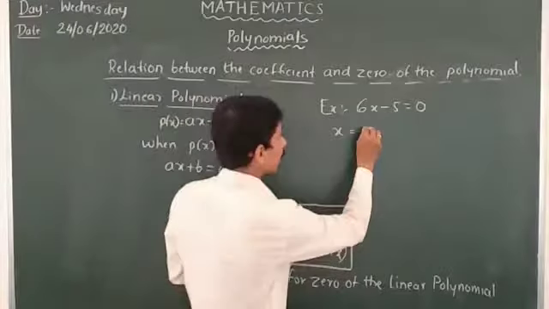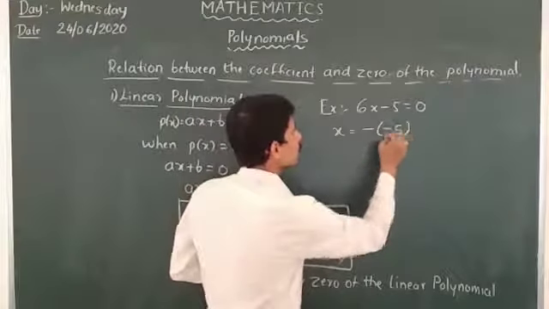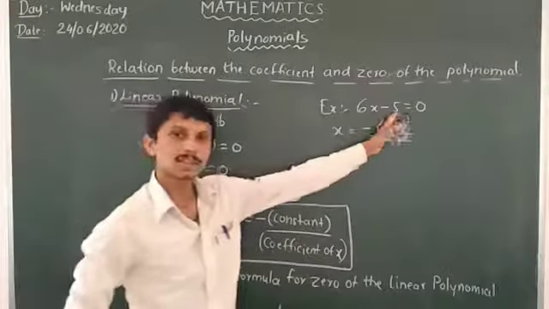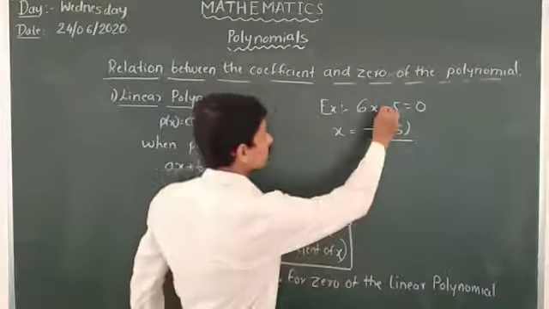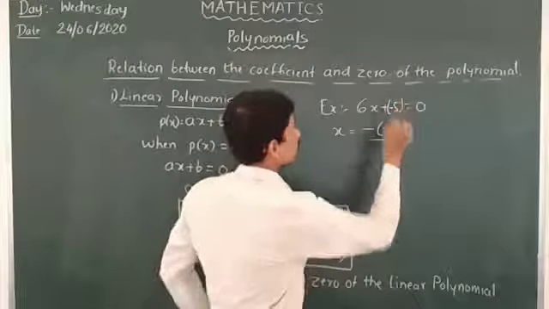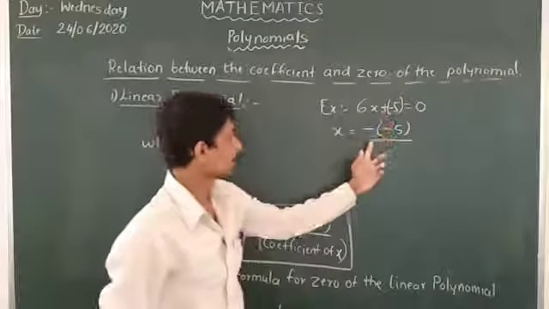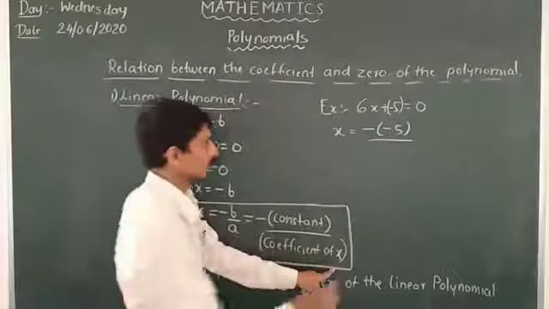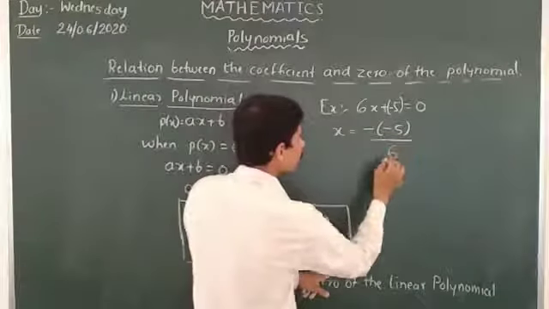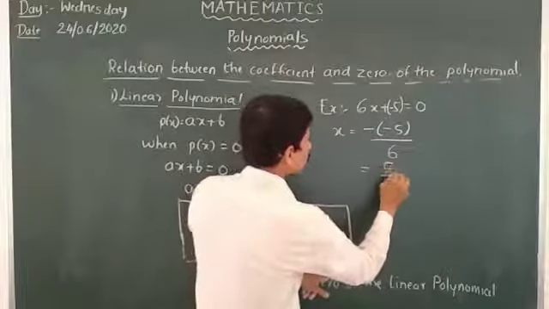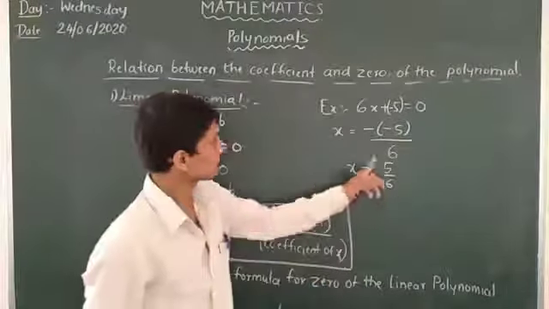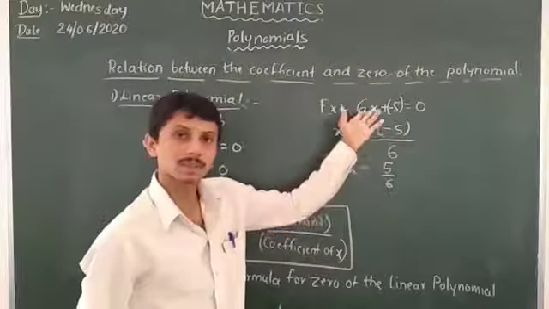Minus 5. It can be written as 6x plus of minus 5. So x is minus of minus 5 divided by the coefficient of x, which is 6. So x is equal to 5 by 6.